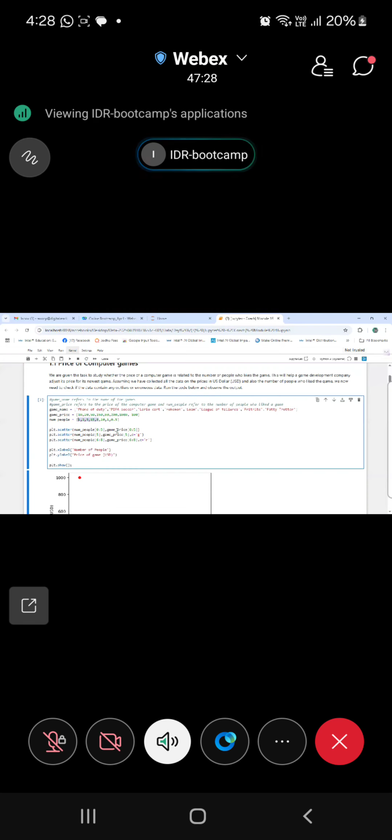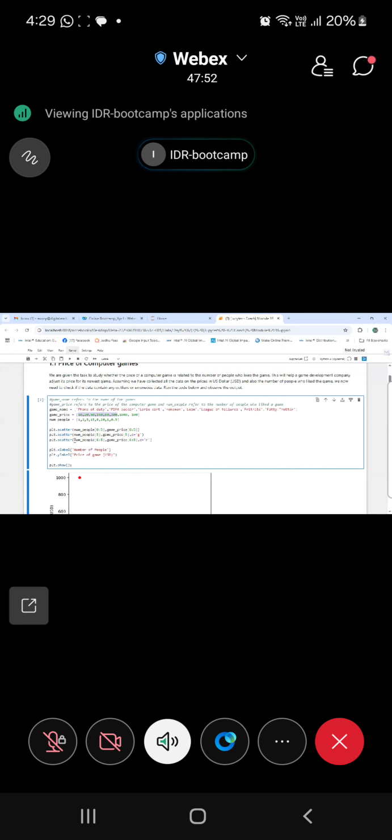Similarly, for game prices you will get indexes 0, 1, 2, 3, 4, till 200. So you are providing a range of which index positions will be taken into consideration.